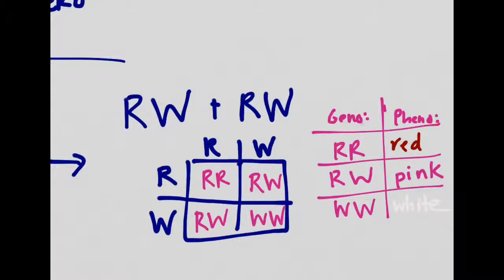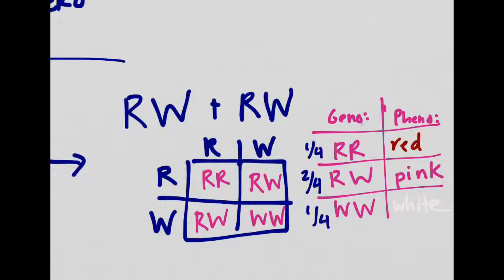Hopefully you can see that I've written white there. And let's just count it out to make sure that we have the correct ratios here. We're going to have 1 out of 4 be RR, 2 out of the 4 are RW, or pink, and 1 out of the 4 are WW, or white.